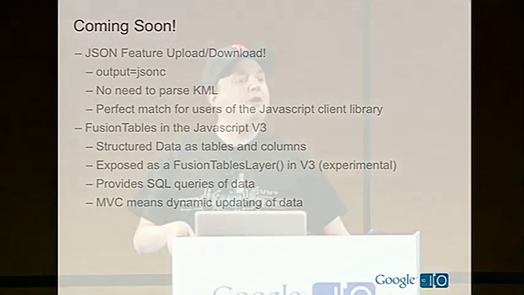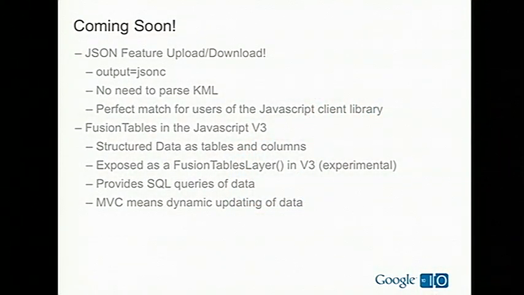Well, we'll have questions at the end, sorry, because I'm almost done. And then what we also wanted to announce is that the Maps Data API is a great, simple API for providing spatial data. But if you have a ton of data that you want to do heat maps for, if you're familiar with Fusion Tables, we are proud to announce that we're going to be supporting Fusion Tables in the JavaScript API natively.